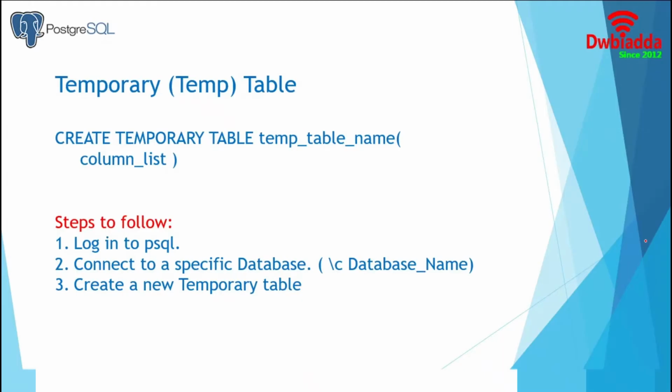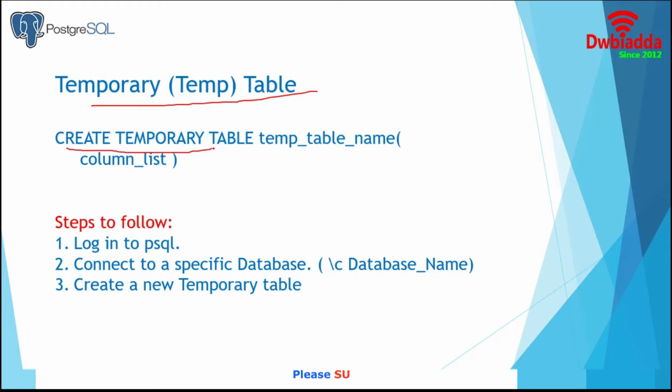In this section, we will learn about the PostgreSQL temporary table. As its name suggests, a temporary table is a short-lived table that exists for the duration of a database session. PostgreSQL automatically drops the temporary tables at the end of a session or a transaction. To create a temporary table, we use the CREATE TEMPORARY TABLE statement.